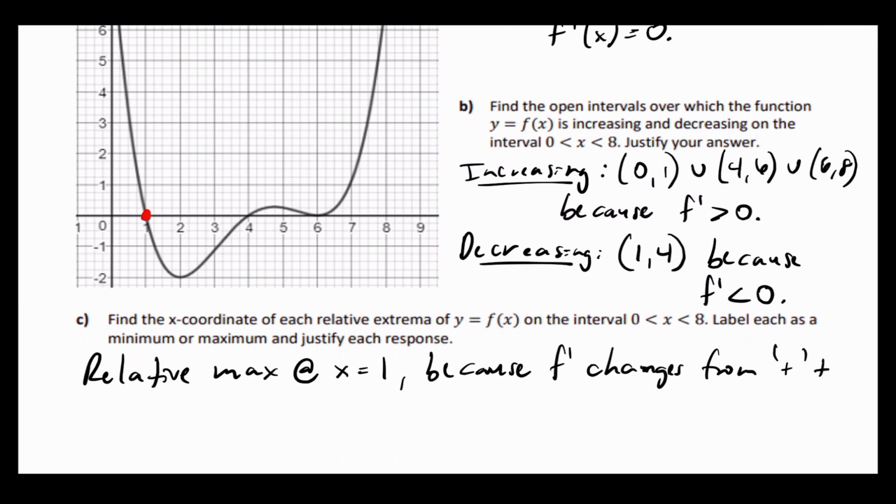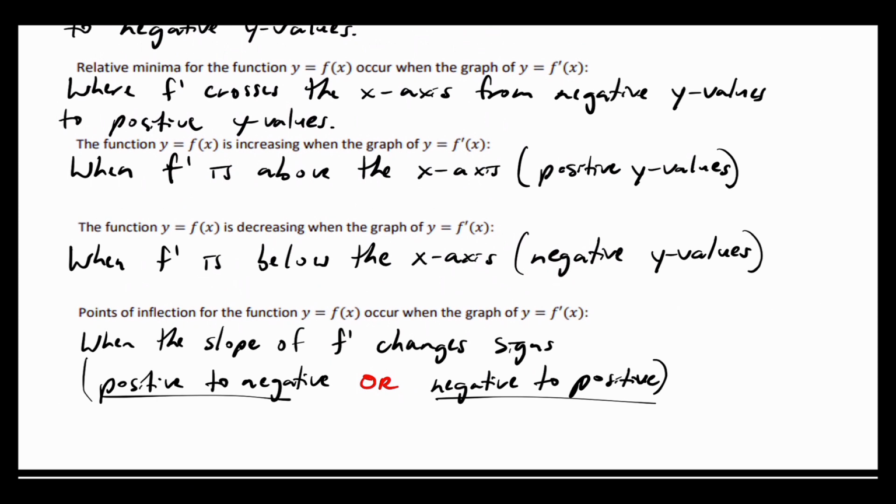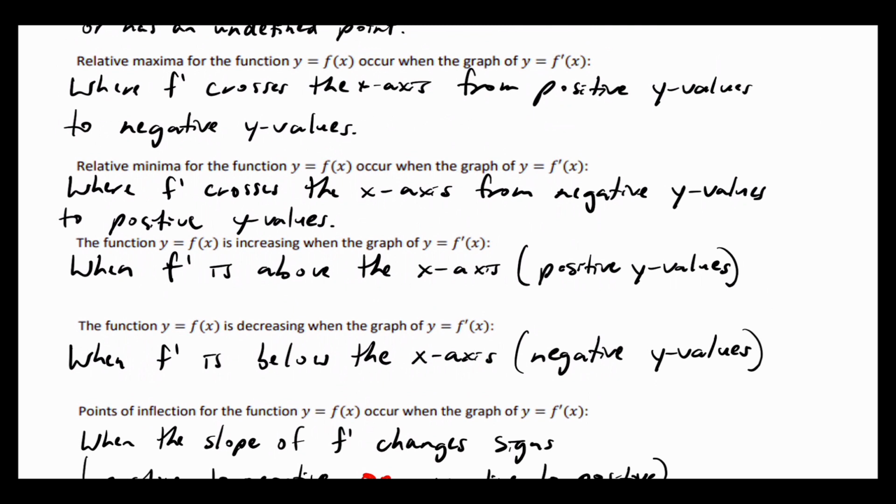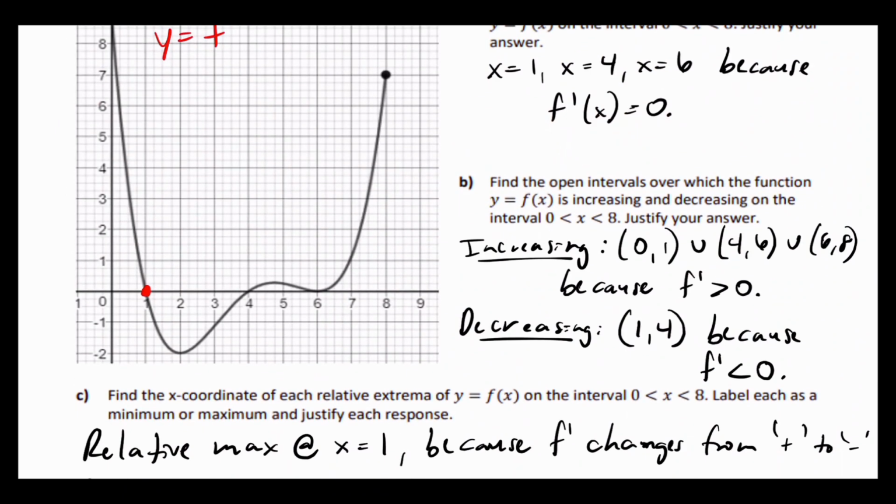Now relative min. Well, we said relative minimum occurs when f prime crosses the x-axis from the negative to the positive. Where does it come up and cross? One spot. Positive 4.